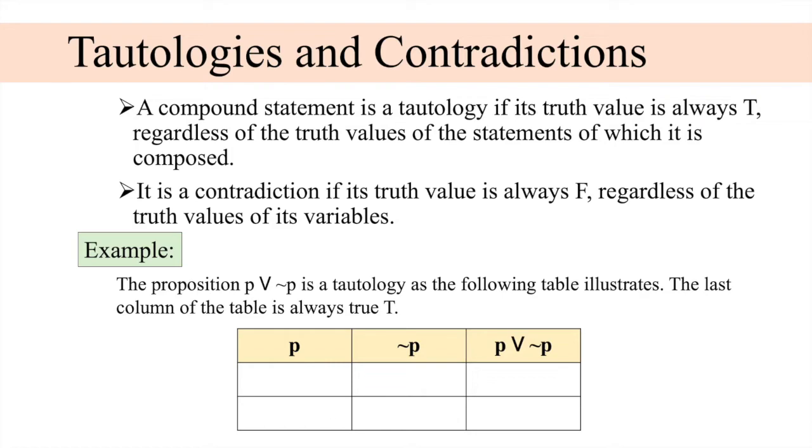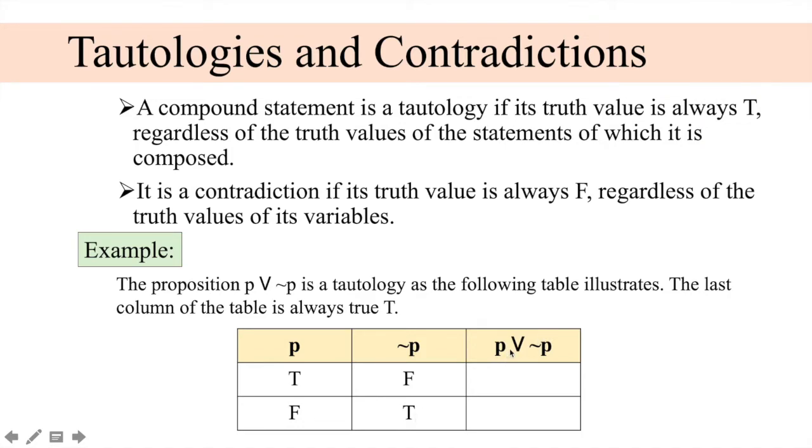Okay, P. So let's construct the truth table. This is a tautology, so its answer is always true. If we have one statement, how many forms of the statement are possible? It could either be true or false. The negation of true is false, and the negation of false is true.